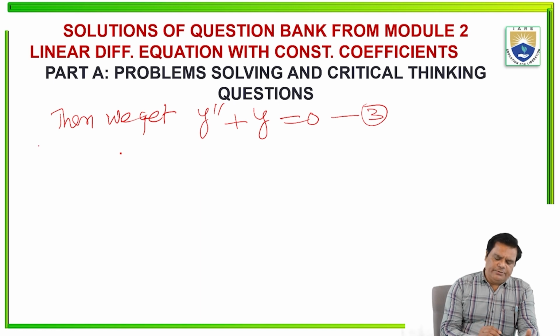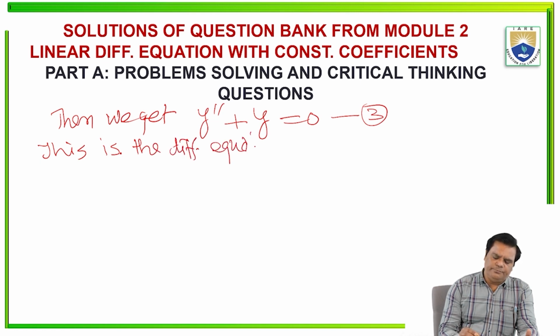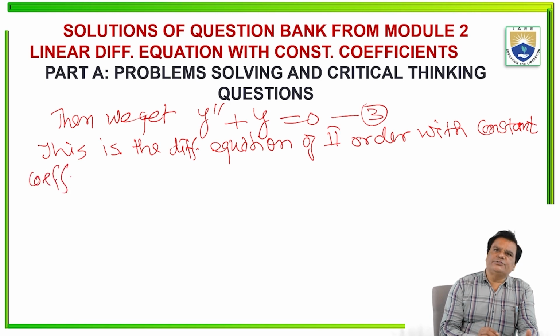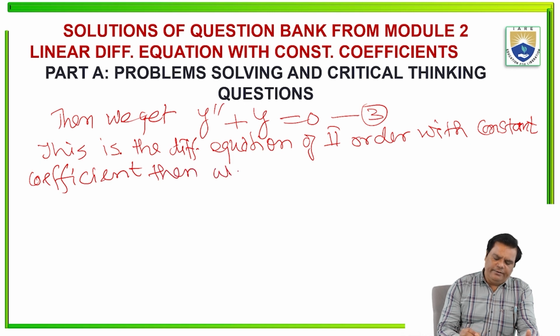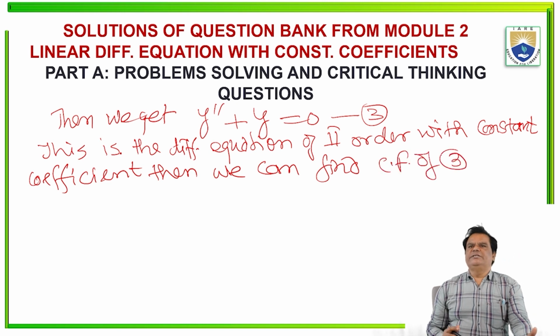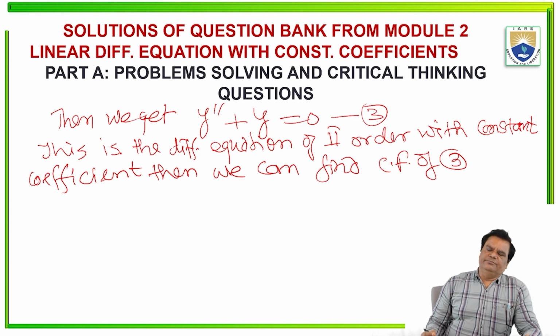This is a differential equation of second order with constant coefficients. Then we can find the CF of 3. CF means the complementary function of equation 3.